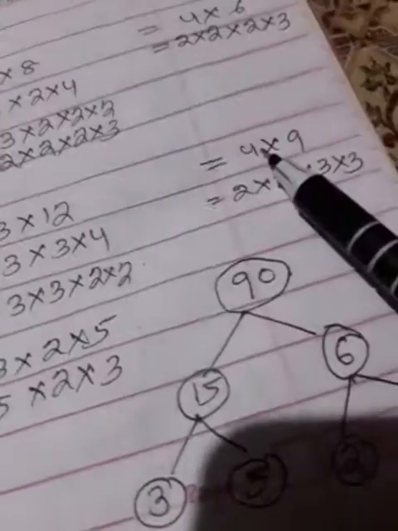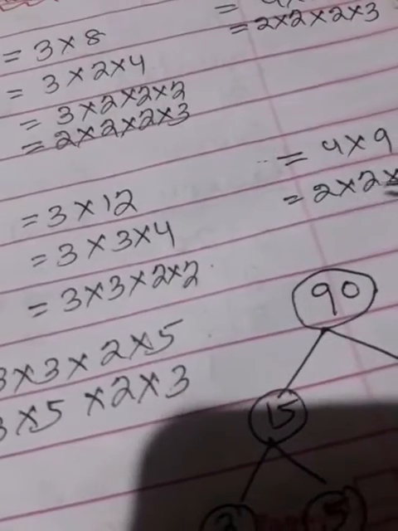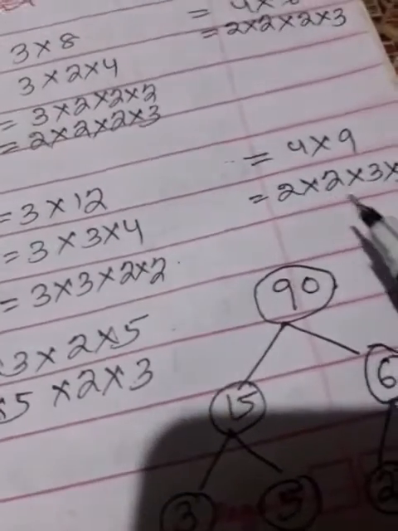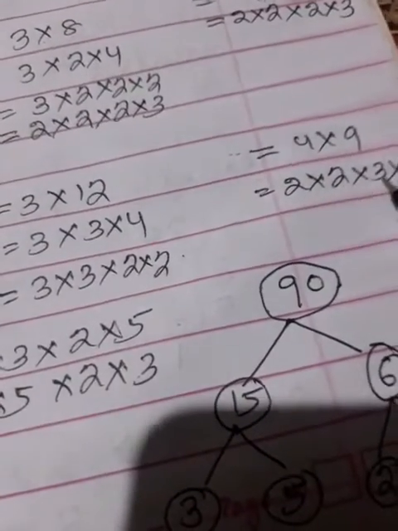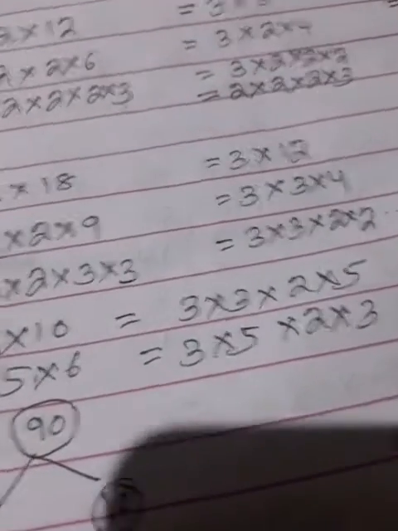All factors are prime. Next, 36 is equal to 4 into 9. We can write 4 as 2 into 2, 9 as 3 into 3. So its prime factors are 2 into 2 into 3 into 3. This is prime factorization, meaning all factors are prime.